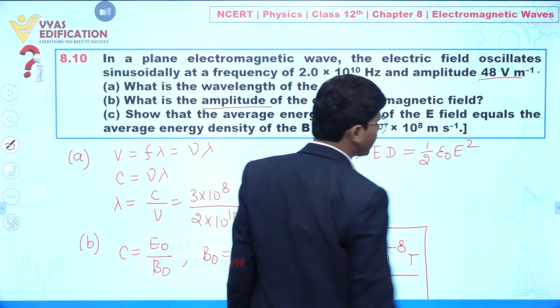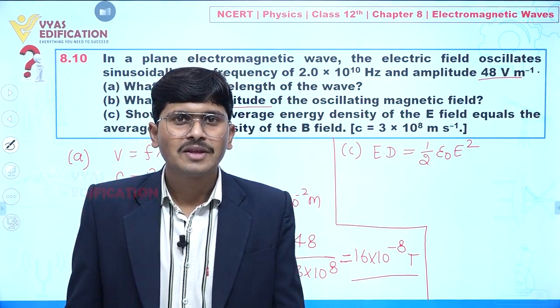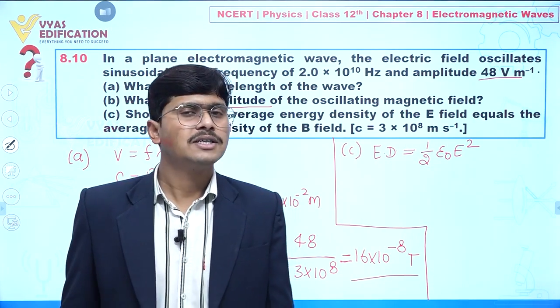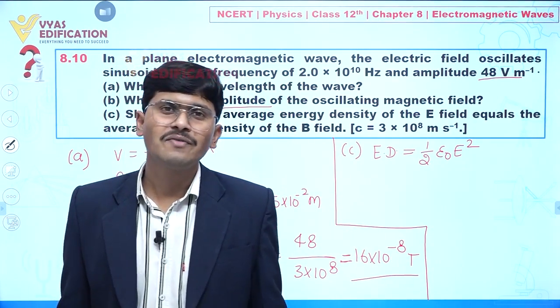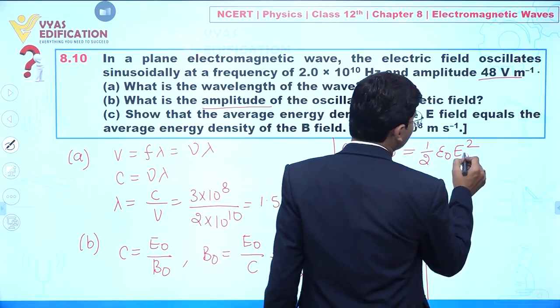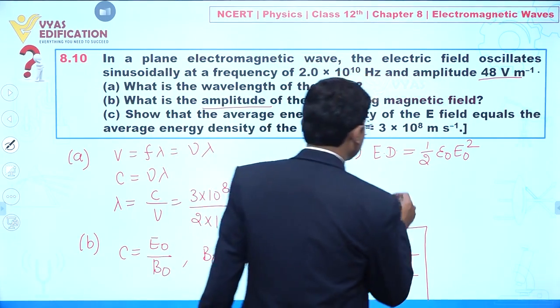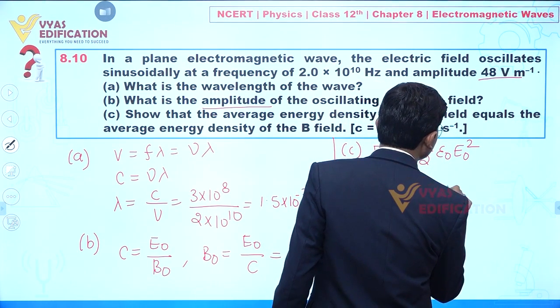But we know in an electromagnetic wave, the electric field is oscillating in nature. So we will not write E naught here, we will write E RMS. So this is equal to 1 by 2 epsilon naught into E RMS whole square.